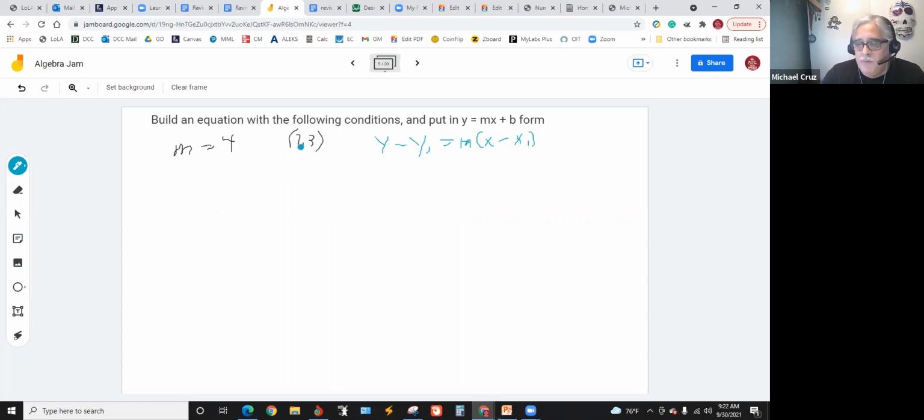So this is x1, y1, and then this is m. And then we're going to simplify it.